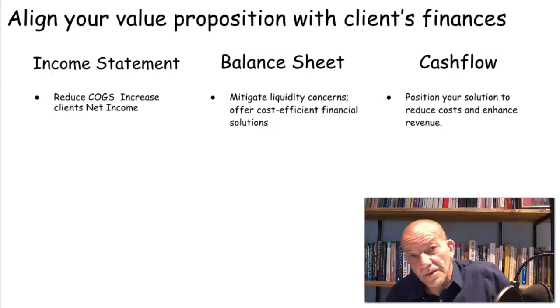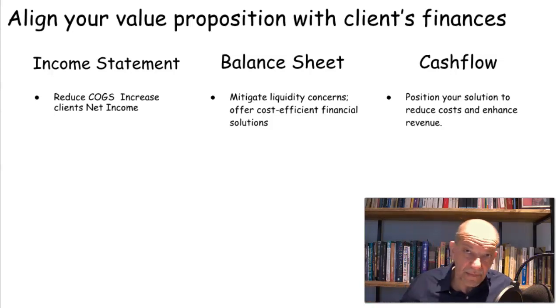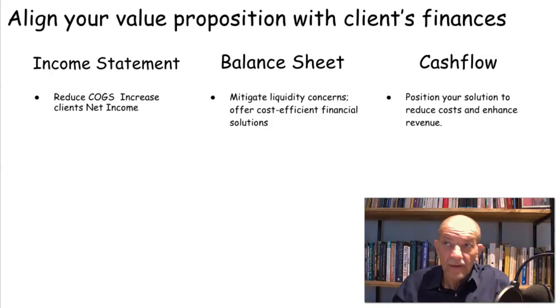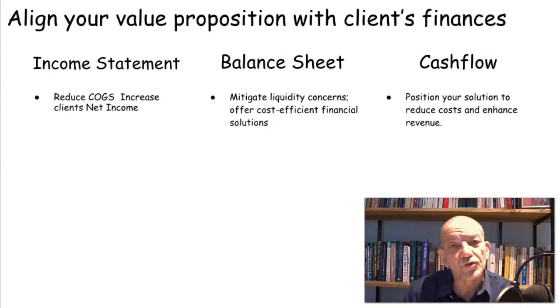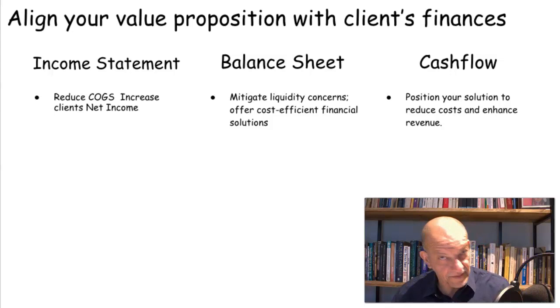And if you're talking about cash flow, you say, hey, Mr. Client, because I'm going to help you reduce your costs and improve your sales and your revenue, you're going to have a better cash availability in your company. That happens when you are bringing new technologies and so on and so forth.